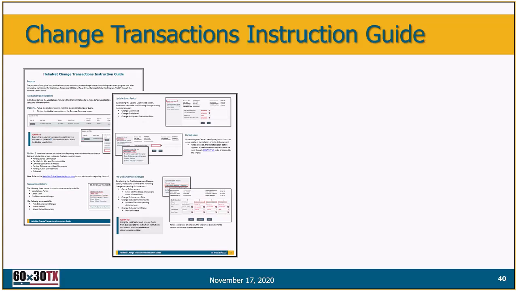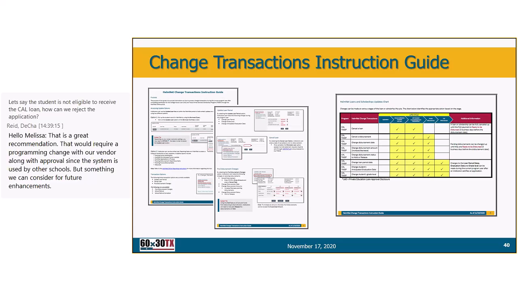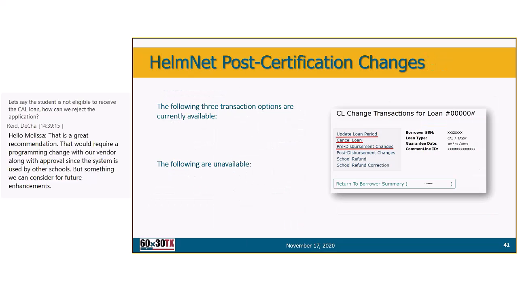On the 3rd page there's a little chart that you can use. Again, this is a nice little cheat sheet. We are already starting to use it internally with our staff, so I recommend that you go look at this so that you can navigate more easily.